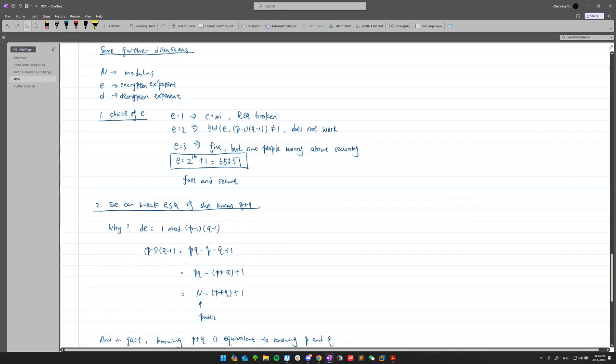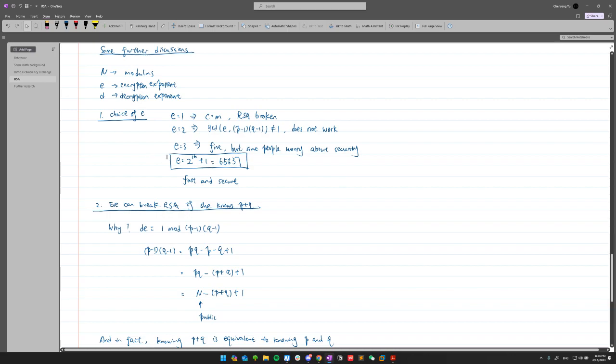How about E equals 3? It works. In fact, I think the E equals 3 case is pretty secure, although some people will argue about it, though they cannot come up with an algorithm to attack the E equals 3 case. So this one is pretty secure, but it's not commonly used.